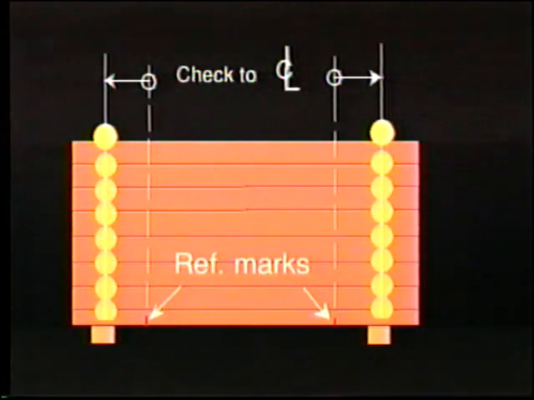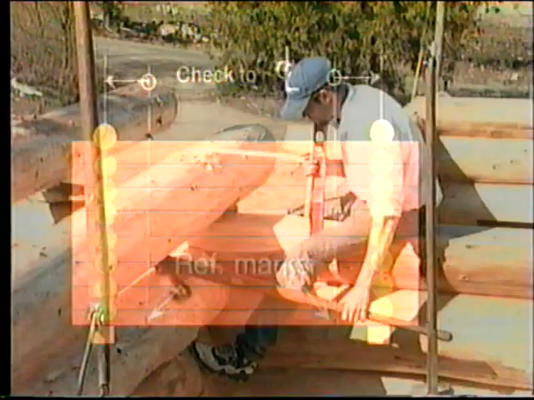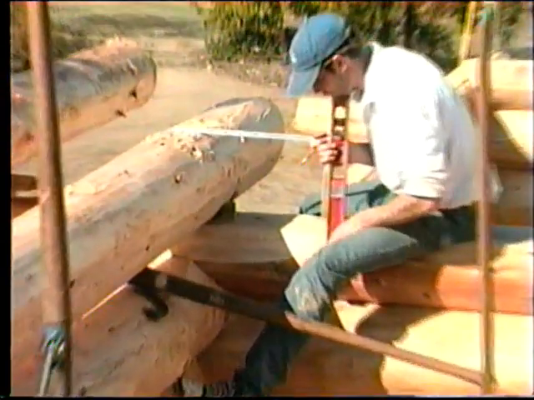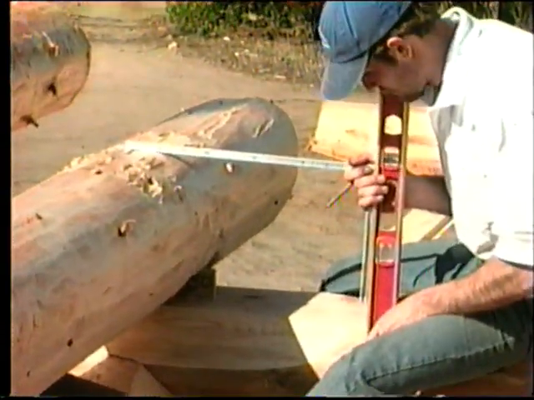If reference marks were placed on the bottom log at the time the building was started, these marks can be extended to the top log and an accurate location found.